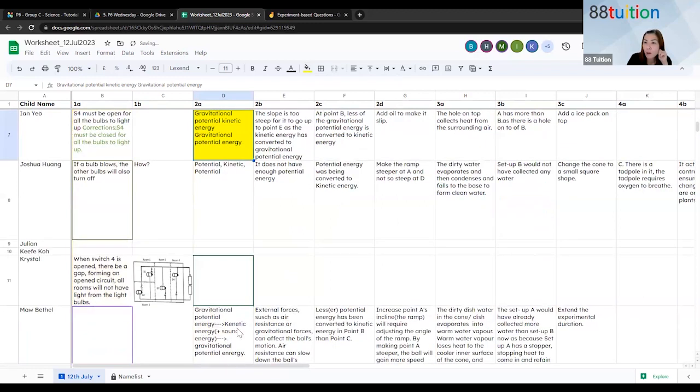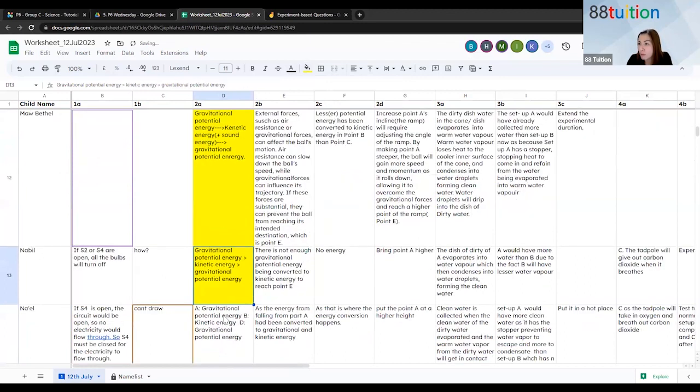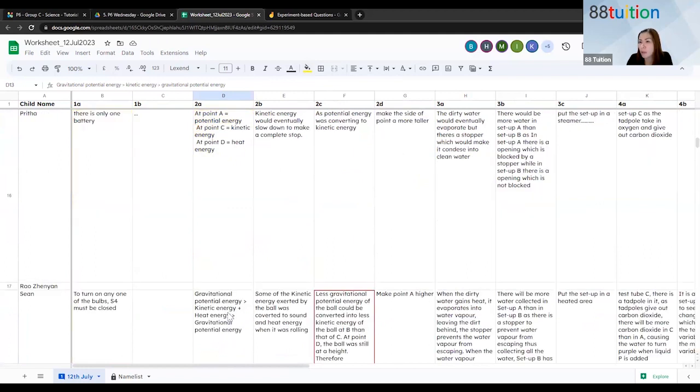Wow, Beto, you even wrote down the sound energy and heat energy as well. Okay, good. Let's see our kinetic. Gravitational, kinetic, potential, okay. Kinetic plus heat, yes.